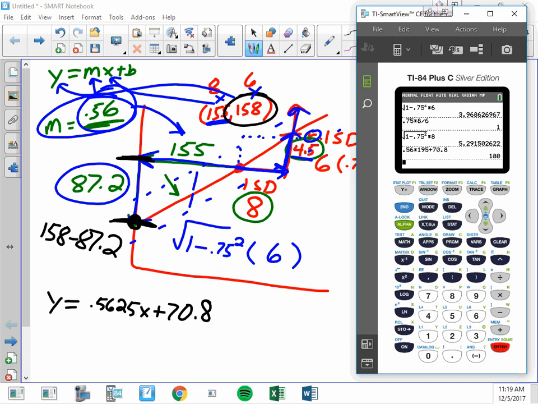So number 20, which equation are you going to use? Same one. 0.56 times 137 plus 70.8. So that's easy. Okay. What about the next one? We use the other equation.